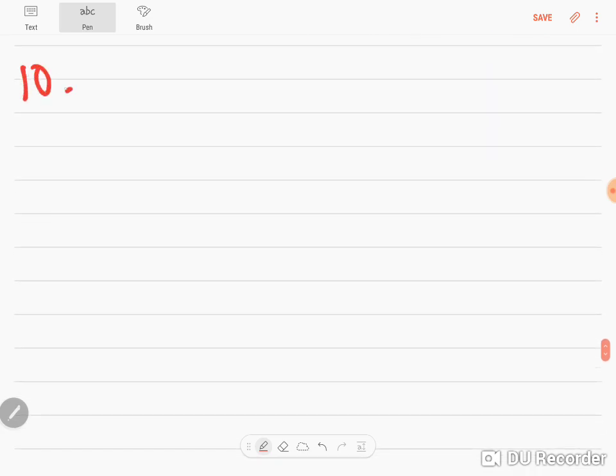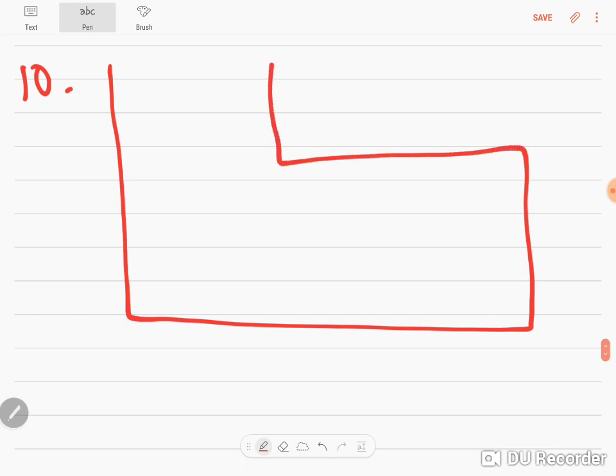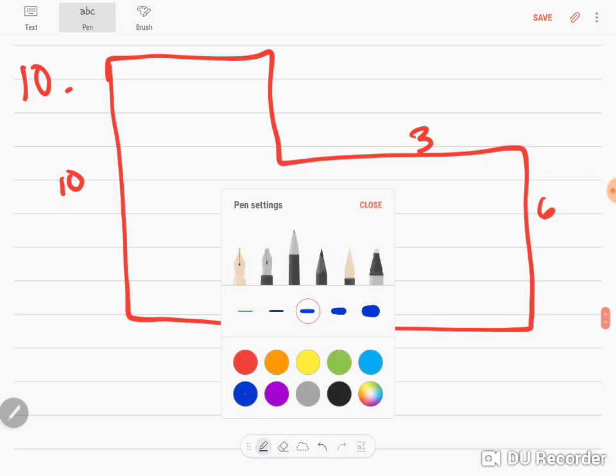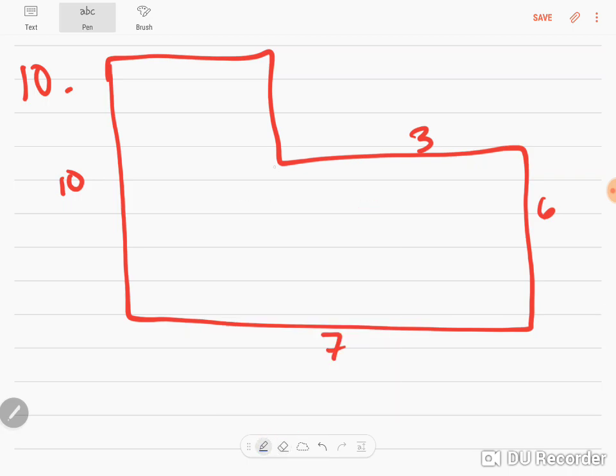Number 10. We have this weird shape, and I want you to find the area of this shape. I'm going to break this shape up into 2.